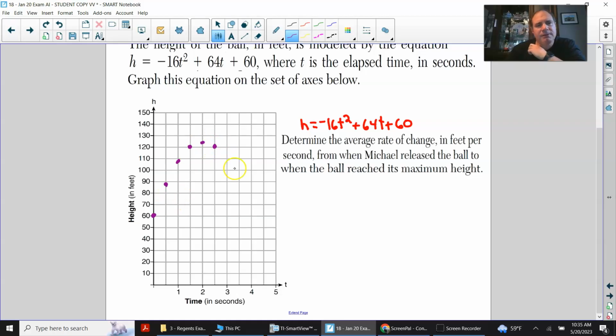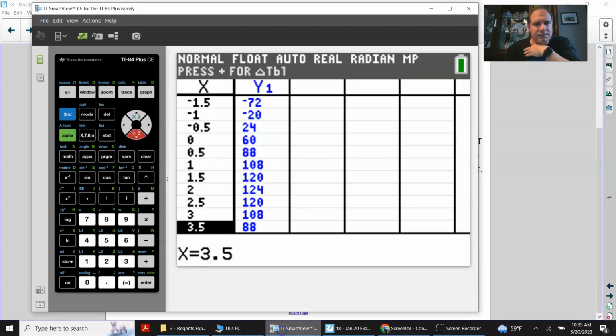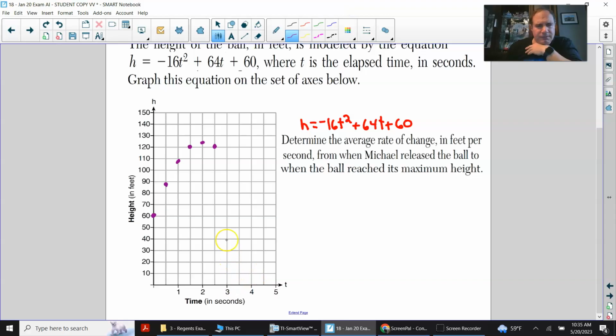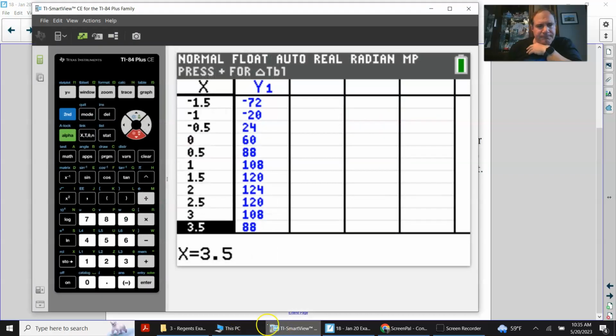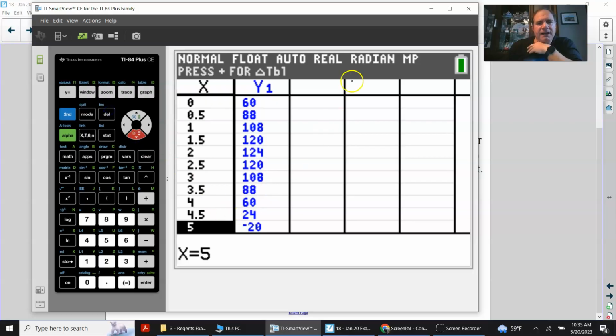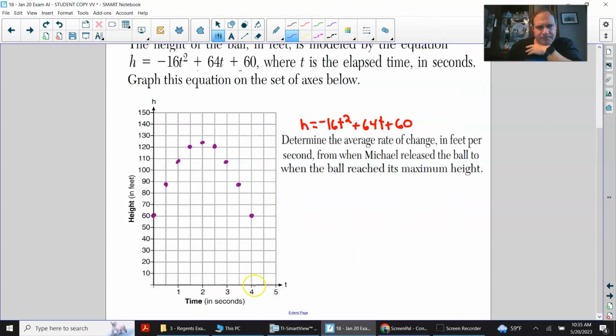And notice that the parabola is starting to come down now, to decrease. 3, 108. 3.5, 88. 4, 60. Just going to check that out. 4.5, 24.